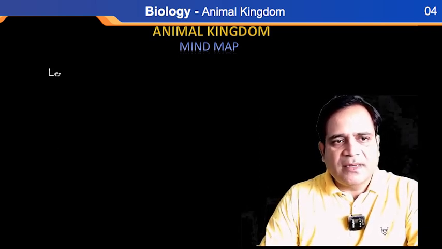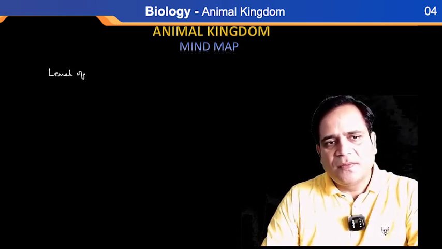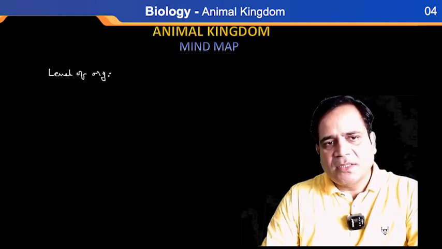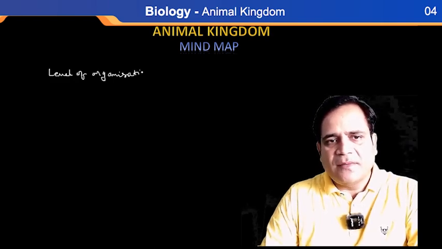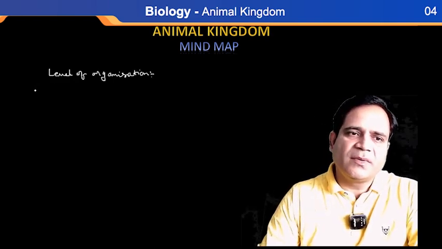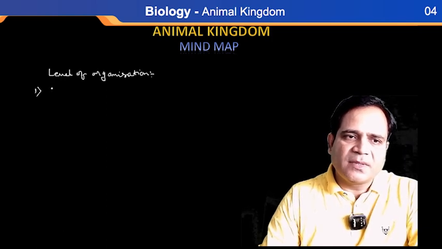Each and every living organism has some level of organization. Number one, the basic level, is the cellular level.